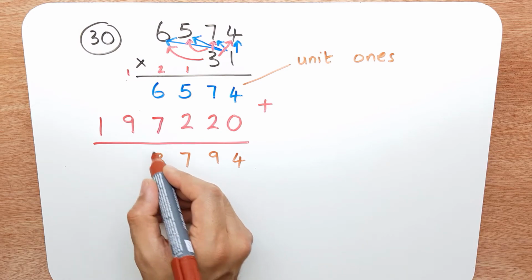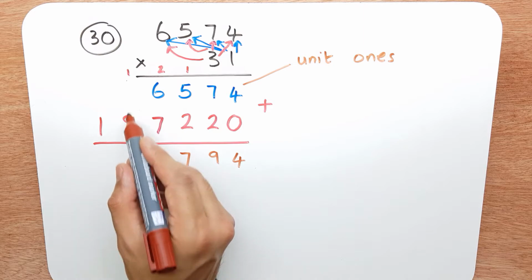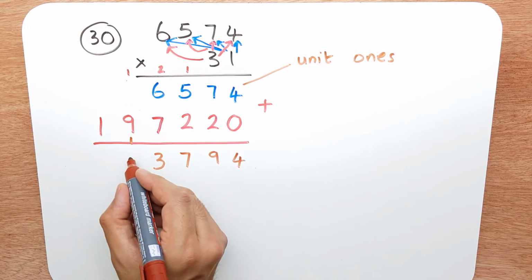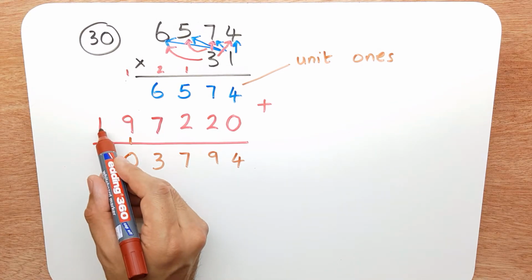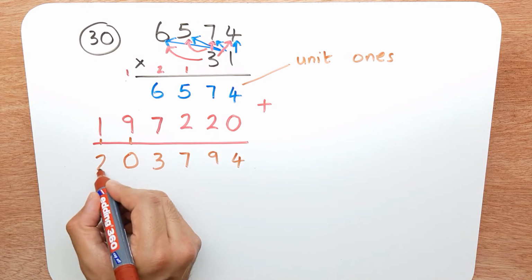Put the 3 down, carry the 1 over to the next column. 9, there's nothing there, so it's 9 add this 1 we've carried over is 10. Put the 0 down, carry the 1 over. And finally 1 add 1 because there's nothing above, so it's 2.